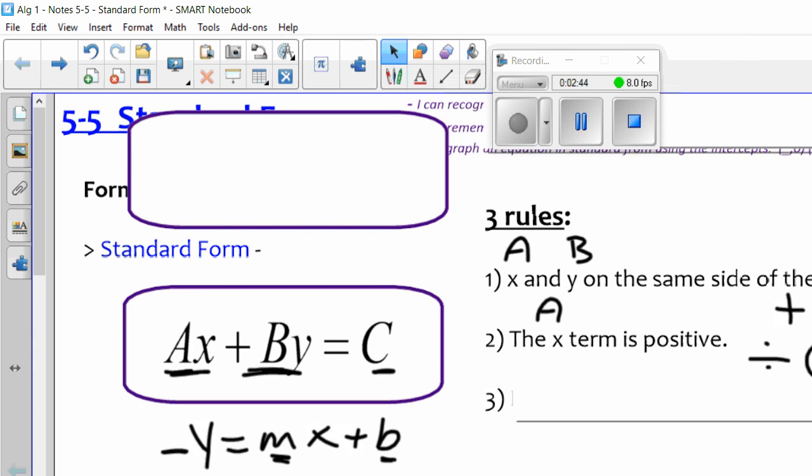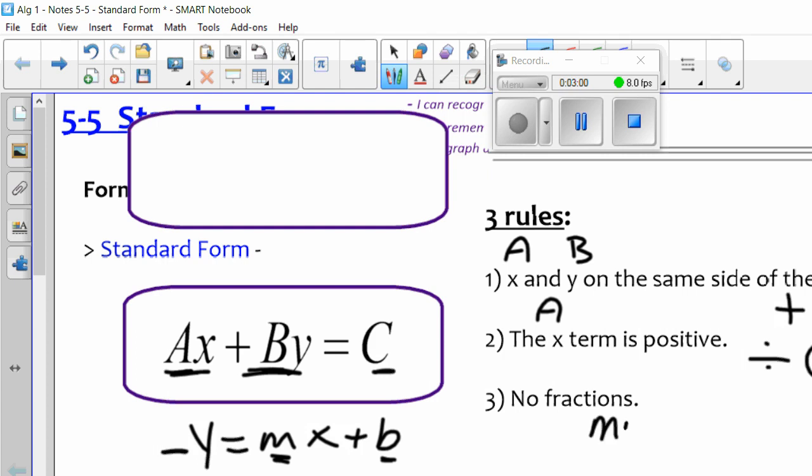Step number 3 is a little bit different. You have to have no fractions in the entire equation. So the A and the B and the C cannot be fractions, all right? To do that, we've done this all year long too. To get rid of a fraction, we're going to multiply by the denominator.